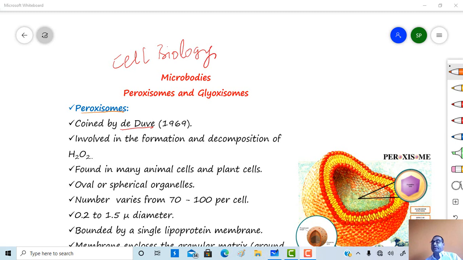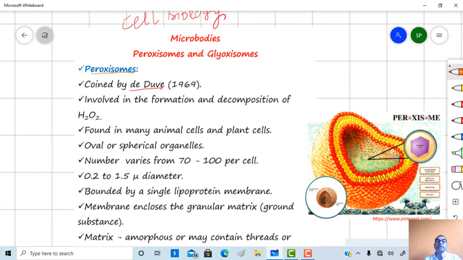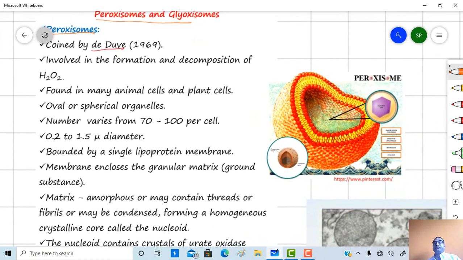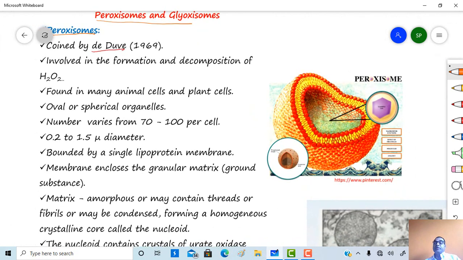Today we will deal with the microbodies like peroxisomes and glyoxysomes. Just see about the peroxisome. This is a typical figure of a peroxisome, where this one part is a region of a matrix and is enveloped by means of this membrane.